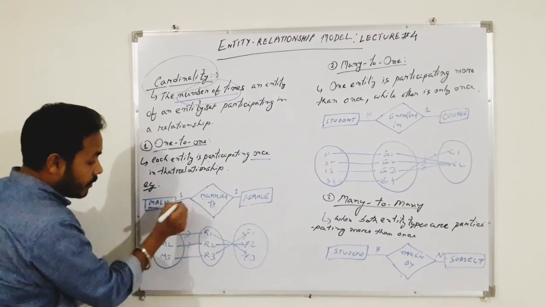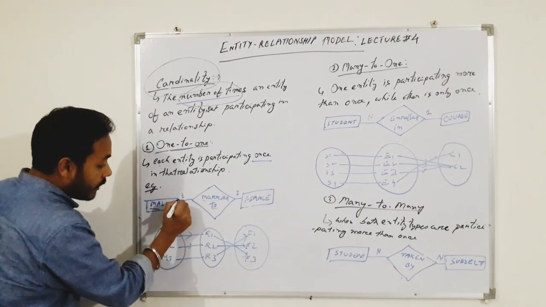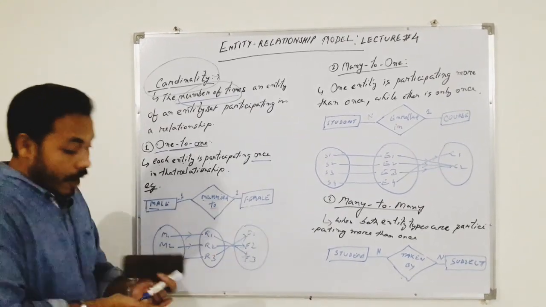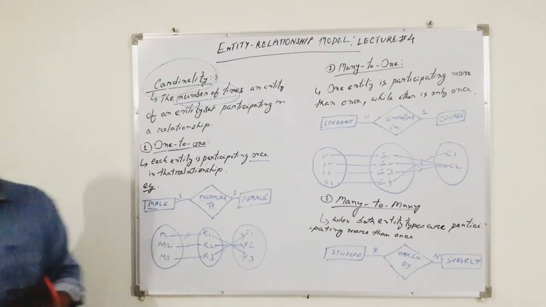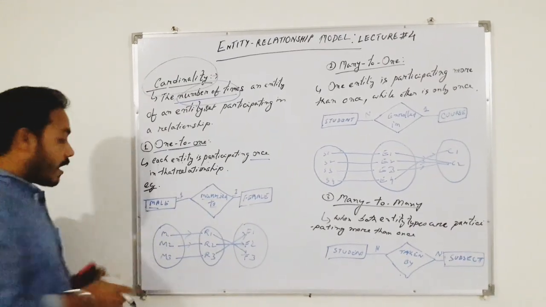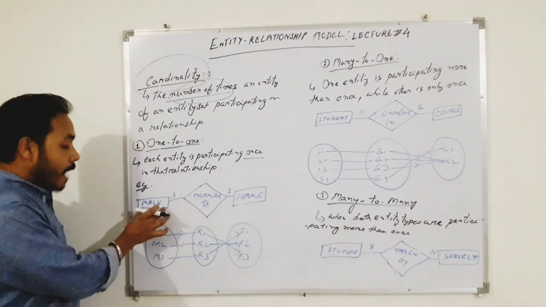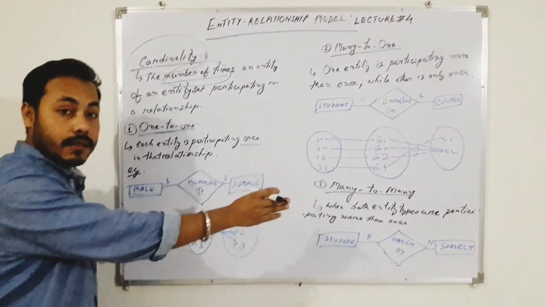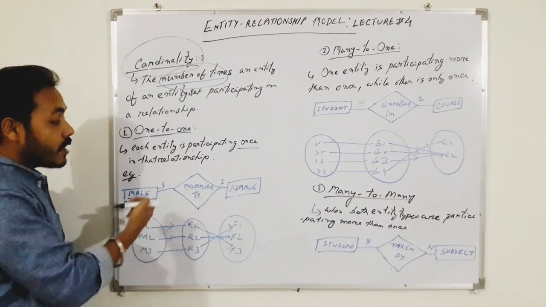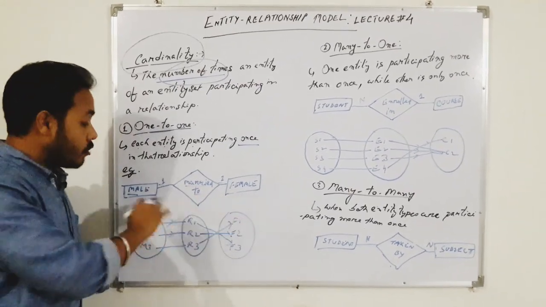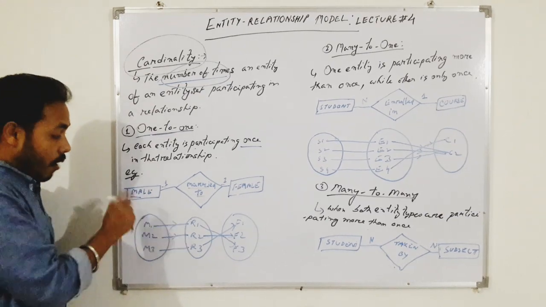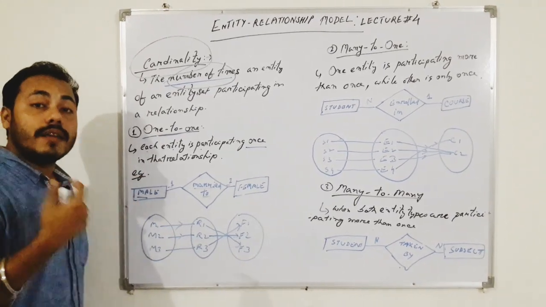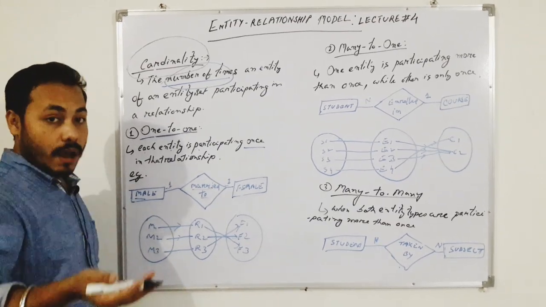Now concentrate here: I am writing 1 here, here 1, here also 1. So what do they mean exactly? Guess it? Yeah, you are correct. This means one male person is married to one female person. So no two persons are married to one female. That's why only one case is allowed here, that one male should marry one female, not more than one.